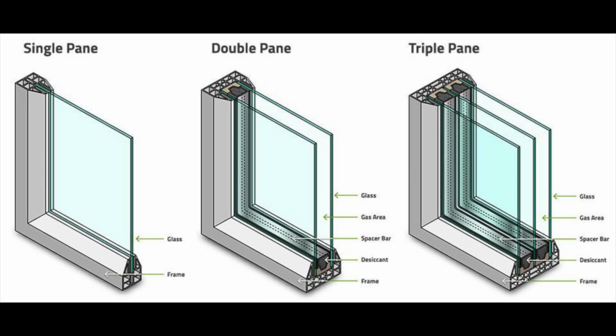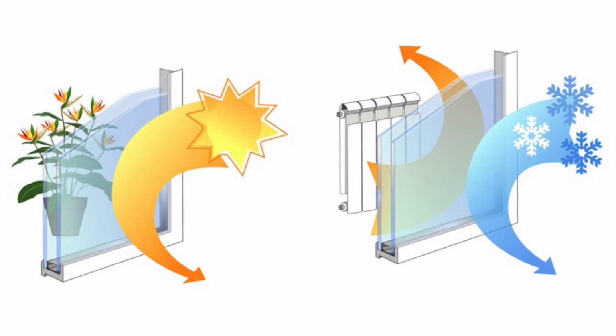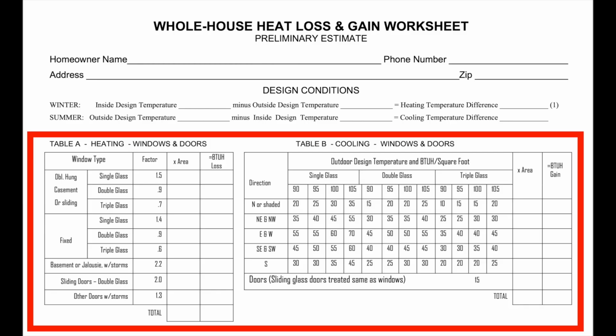And some energy efficient homes have triple pane or triple glass. The more glass you have in your windows, the more energy efficient those windows will be in the winter and in the summer. So we take that into consideration when designing an AC or heating unit for our home. We're going to figure that out in this worksheet as well.